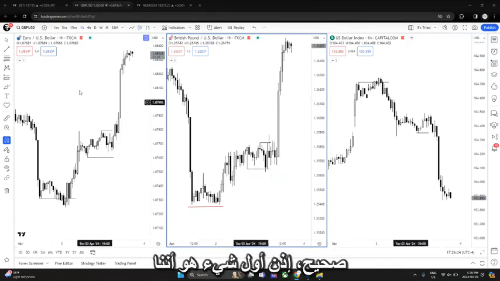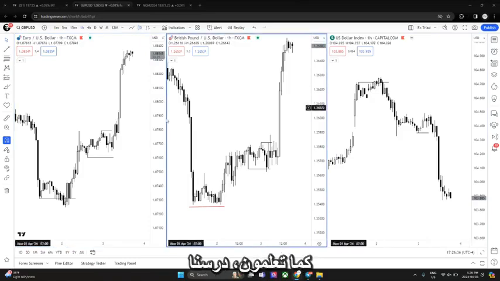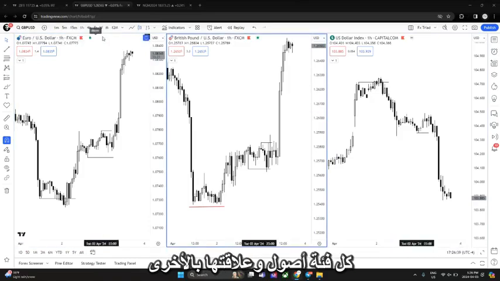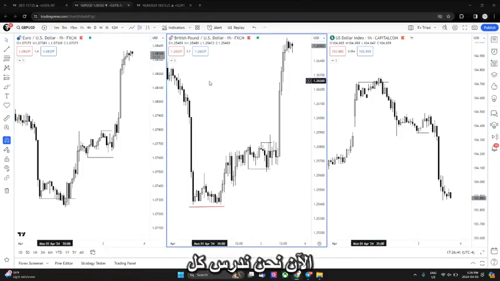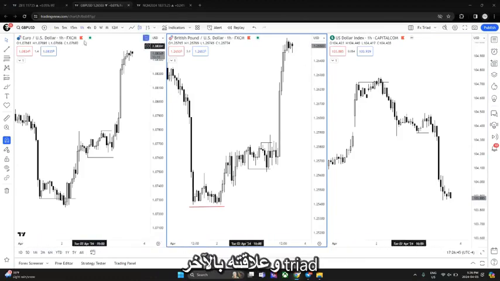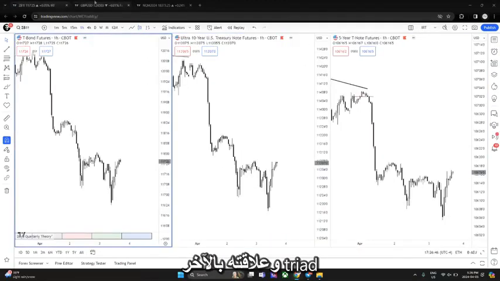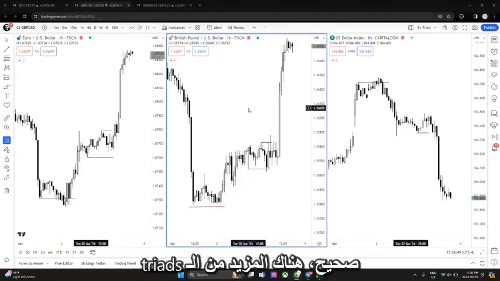So the first thing was we studied each asset class relating to each other. Now we're studying each triad relating to each other. There are more triads.